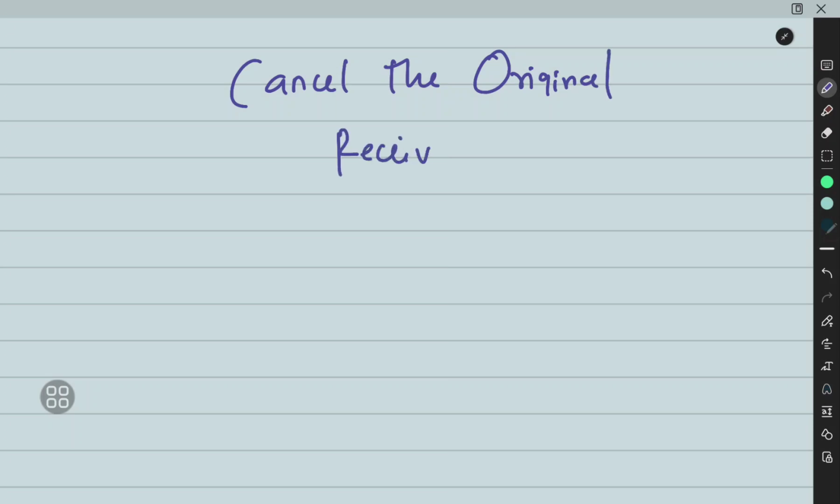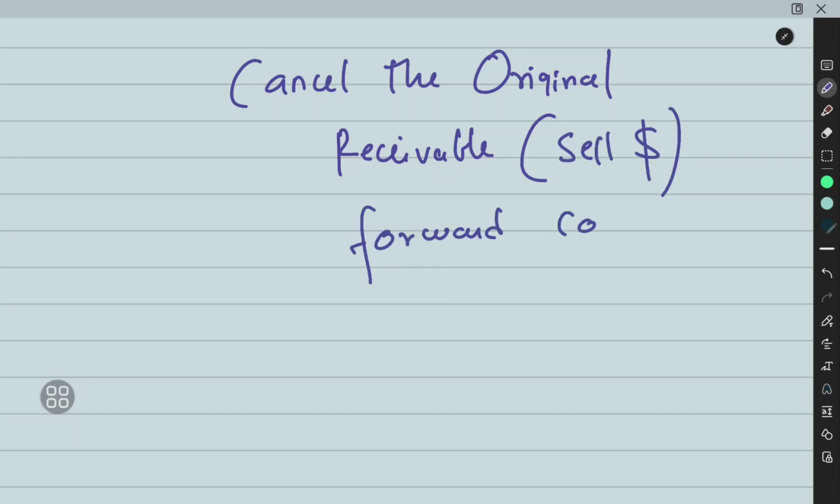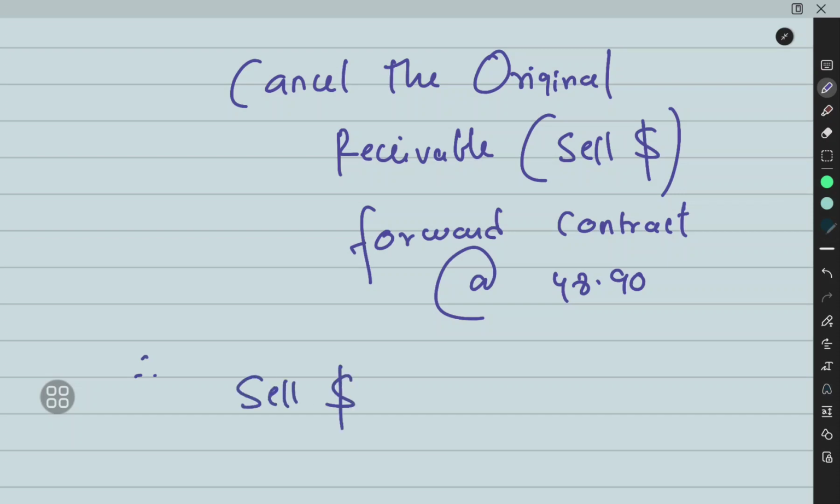Let's see, cancel the original receivable, which is a sell dollar forward contract at the rate 48.90. Therefore original is sell dollar. See, receivable means I will be getting $4,50,000 post 2 months.